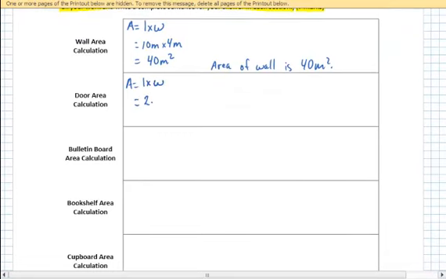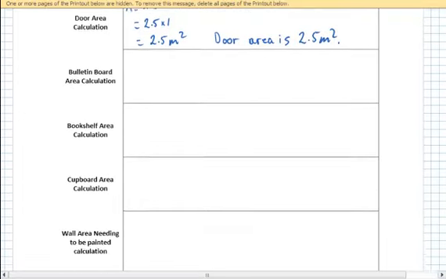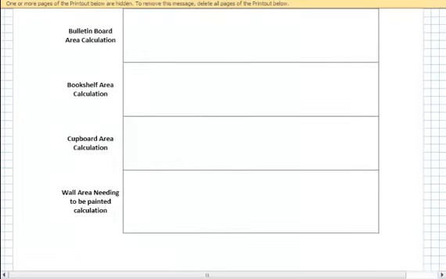So we have 2.5 meters by 1, which equals 2.5 meters squared. So I'm going to simply say door area is 2.5 meters squared. So do all of these calculations, and then I'll pause the tutorial until you get down to this area, and then I'll show you what needs to be done here.